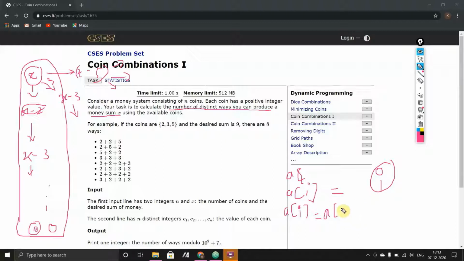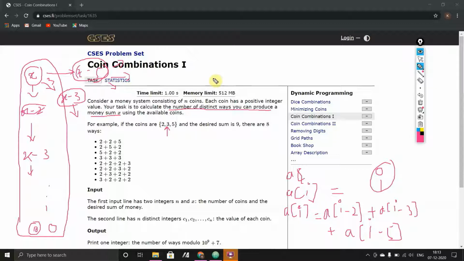It is A of I minus 2 plus, now again all the choices are valid, me choosing 3 and then continuing from this part, so it will be A of I minus 3, and finally me choosing 5 and then continuing from x minus 5 till I get 0.